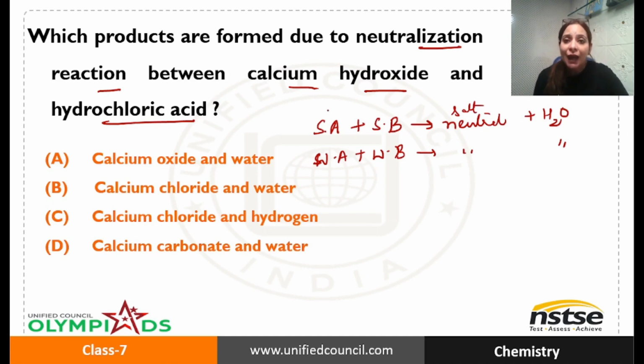Now we have to do this neutralization reaction between calcium hydroxide and hydrochloric acid. The first thing is to write their valencies. You have to learn their valencies thoroughly, then only you will be able to make the chemical formulas. So calcium hydroxide, the formula becomes Ca(OH)2. I hope you remember, we crisscross the valencies and we get the formula. Hydrochloric acid, I hope you all know, is HCl.